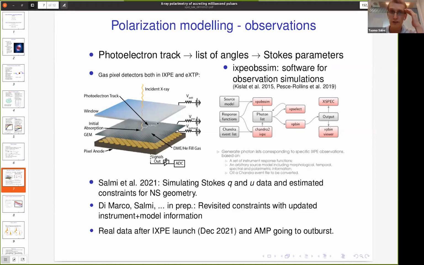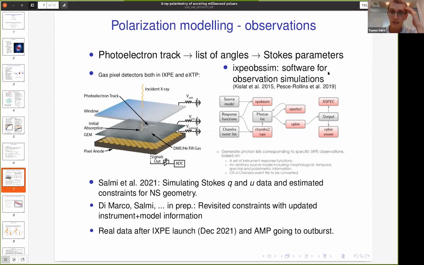So basically, we don't observe Stokes parameters directly, but we first obtain tracks of these photoelectrons, then convert these to angles corresponding to each photon, and Stokes parameters corresponding to each individual photon. And then by summing over the individual events, we get the total Stokes parameters for a certain data set.